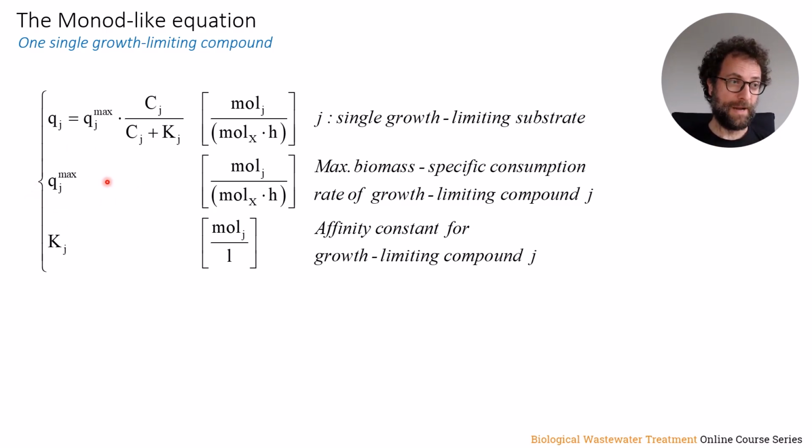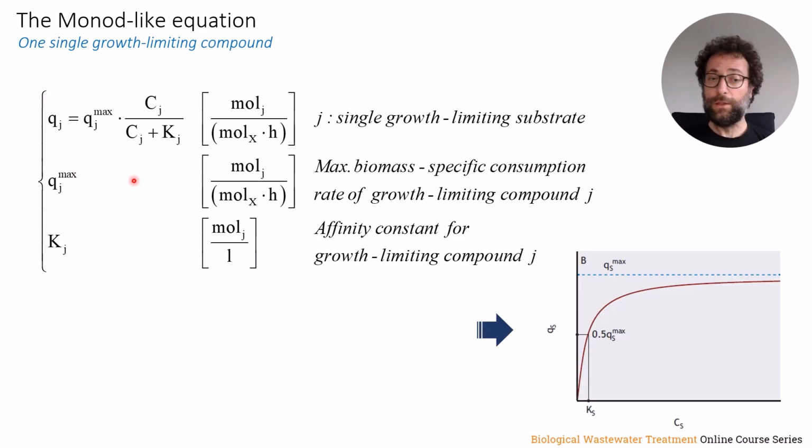So the maximum biomass-specific consumption rate of the growth limiting substrate J, or actually compound, it can also be a nutrient, for example, and the affinity constant for the growth limiting compound, expressed with units of a concentration to make it consistent here. Now, if we graph this equation here, it looks like this.